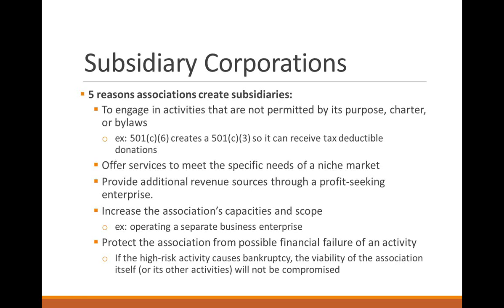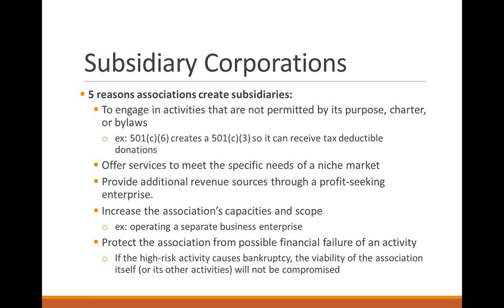Subsidiary corporations. There are 5 reasons that were spelled out in the reading that associations create subsidiaries. To engage in activities that are not permitted by its purpose or bylaws. An example of that is a 501c6 creates a 501c3 so it can receive tax-deductible donations.